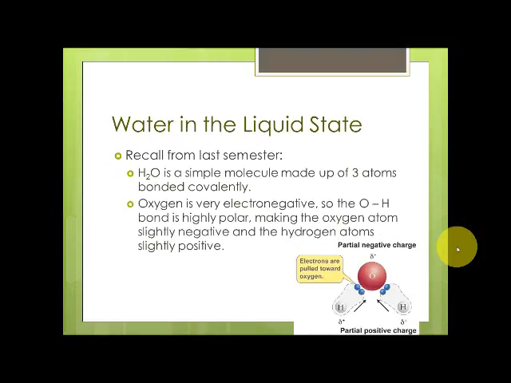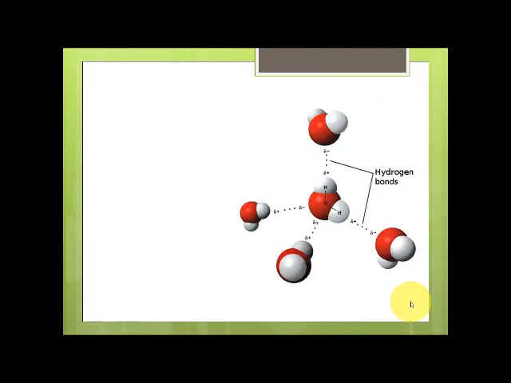Remember that oxygen is the electronegative one, and so it makes a polar bond between the oxygen and the hydrogen, making the oxygen the slightly negative charged part and the hydrogen, both of them, each a slightly positive. Because of this slight charge in the polarity, the shape of water is a bent shape. Its molecular geometry is bent.